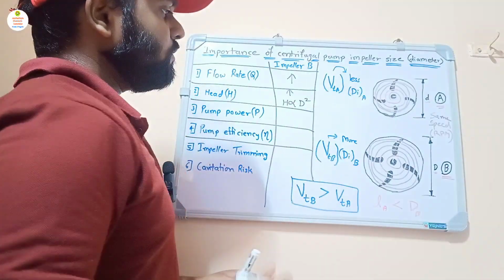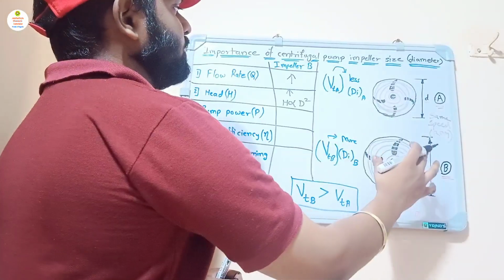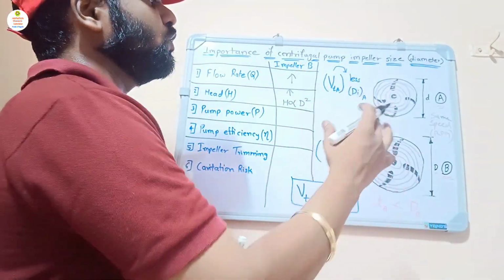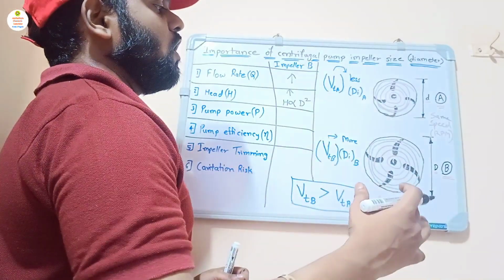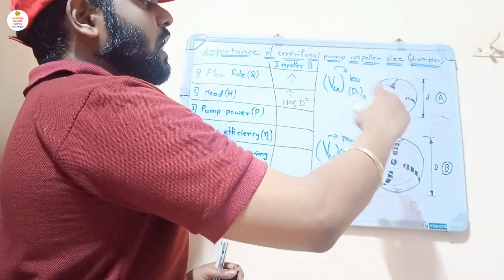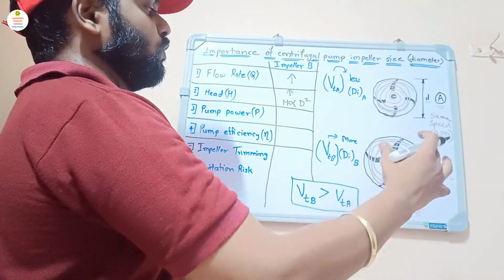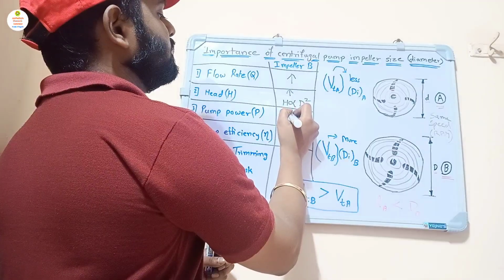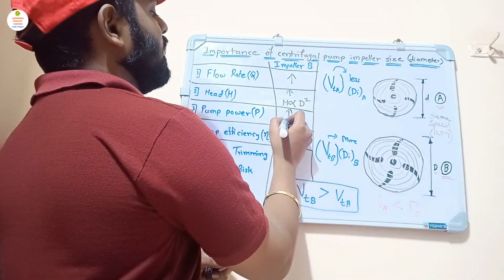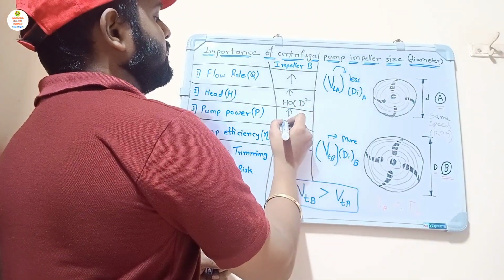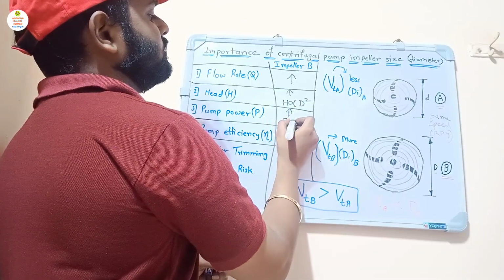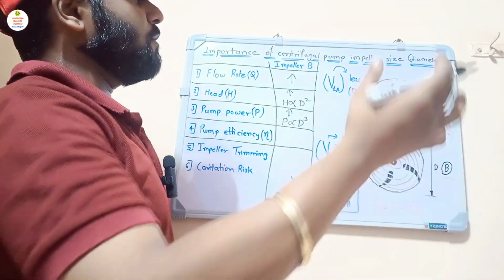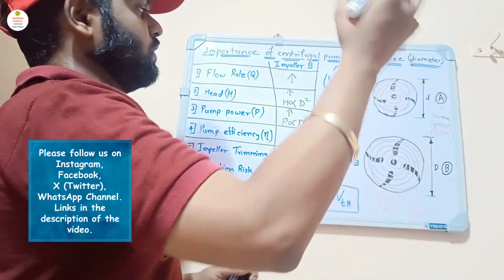In this impeller B case, there is a larger diameter, so the work done on the liquid to travel the circular path is more. That's why we require more power, and power is directly proportional to d cube. As we increase the diameter of the impeller, the power requirement also increases.